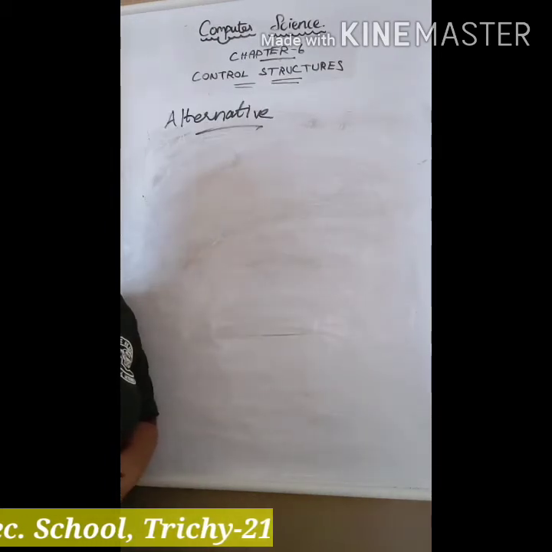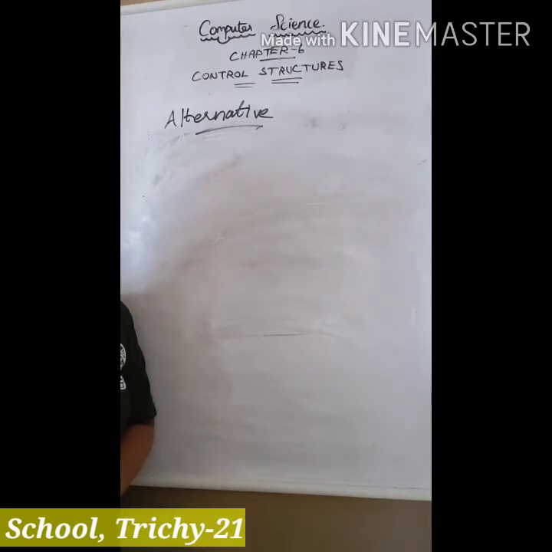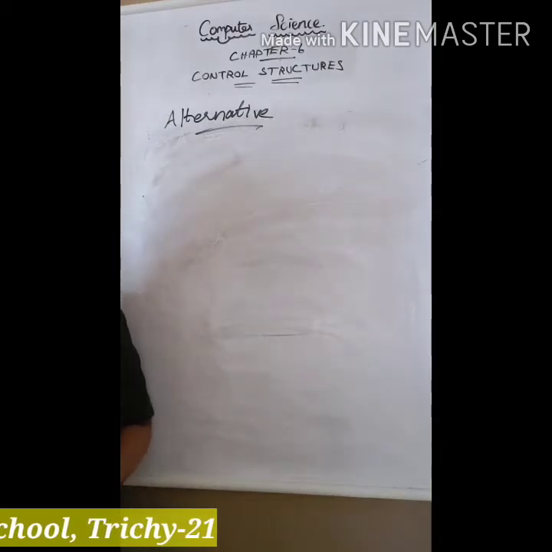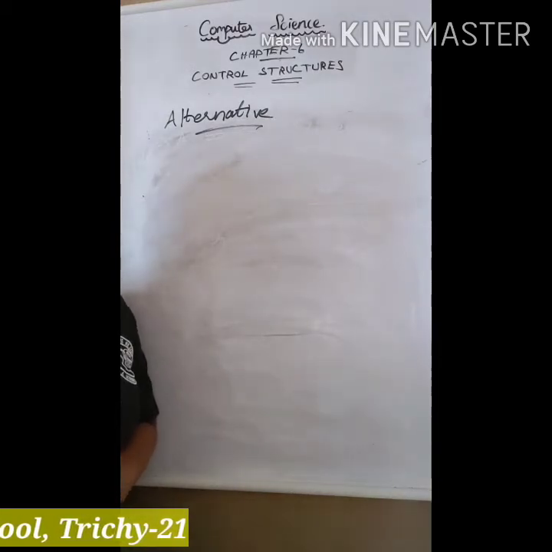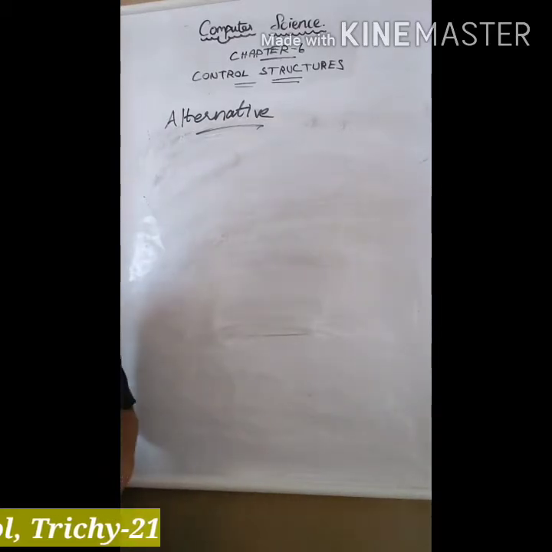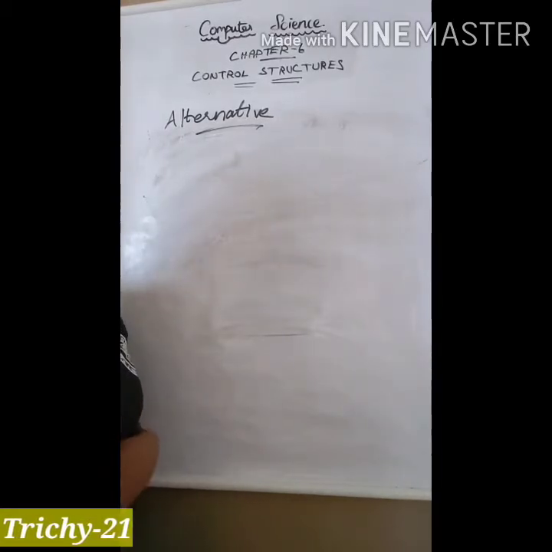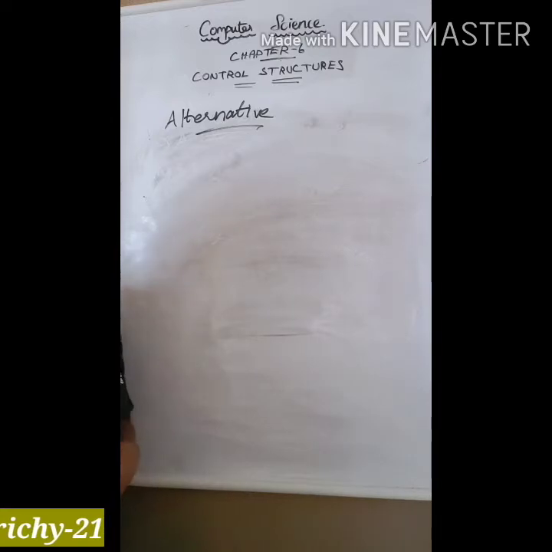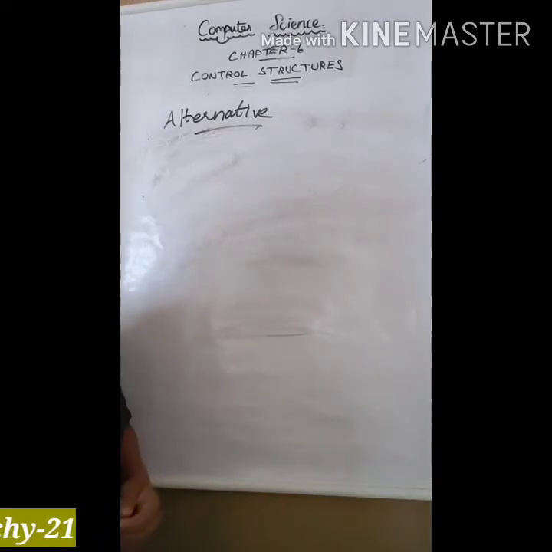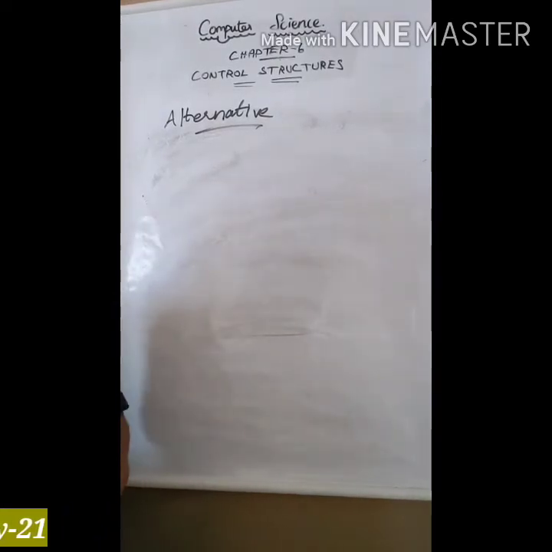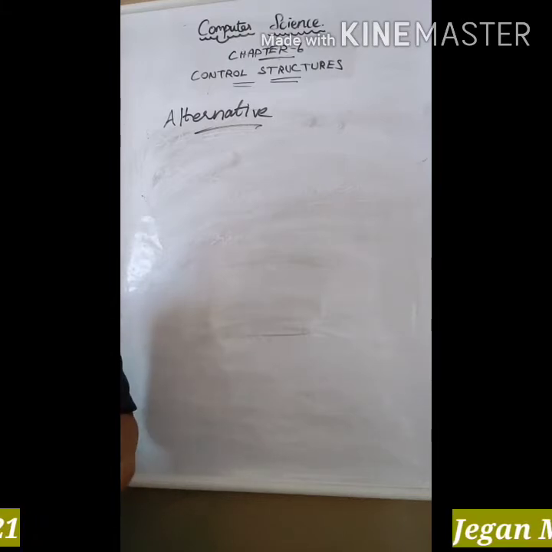The second one is alternative or branching. In our day-to-day life, we need to take various decisions and choose an alternative method to achieve our goal. Maybe we would have taken an alternative route to reach our destination.